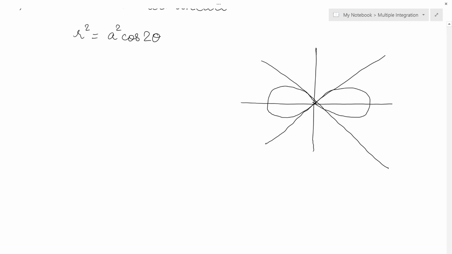You can refer back to your curve tracing unit and then you will remember what is Bernoulli's lemniscate. So these are the two same petals on both the sides, right? This is 0 angle, this is pi by 4 angle, this is pi by 2 angle, and so on. This is minus pi by 4 angle. You know it very well, right? So now these are the two petals.